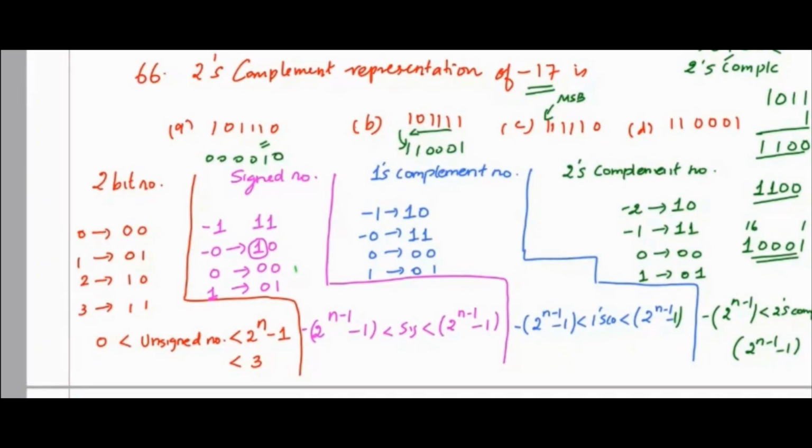Because the MSB has to be 1, and if I want to represent 17, it is 10001, and if I convert it into 2's complement, it is 0 followed by four 1s. The MSB has to be 1, right? So instead of these 5 bits, I am going to add an extra bit as a 6th bit, and that one I make it as 1.